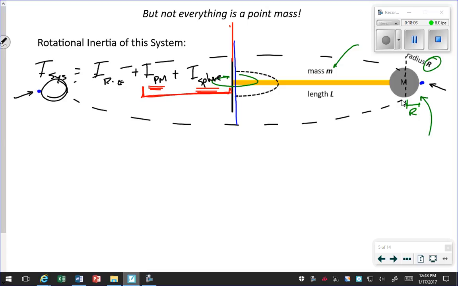So this thing, the proper expression is, let's see, a rod about its end is 1/3 ml squared, where that's little m.